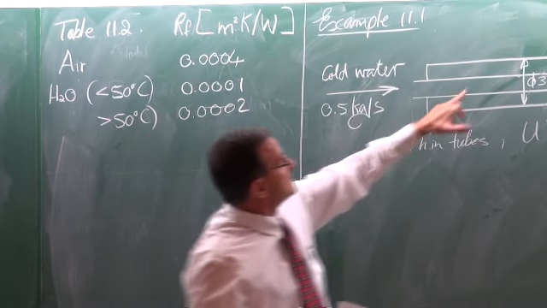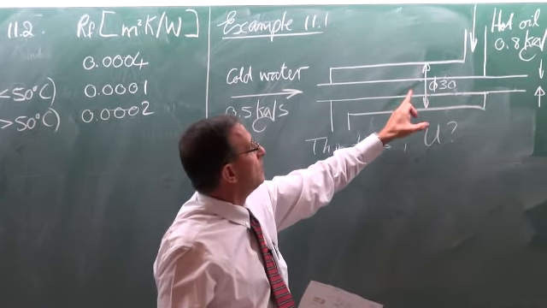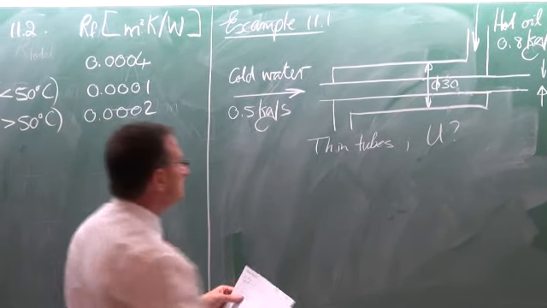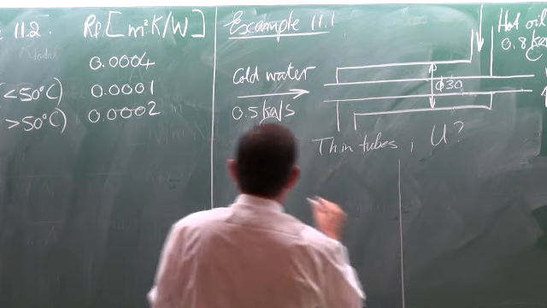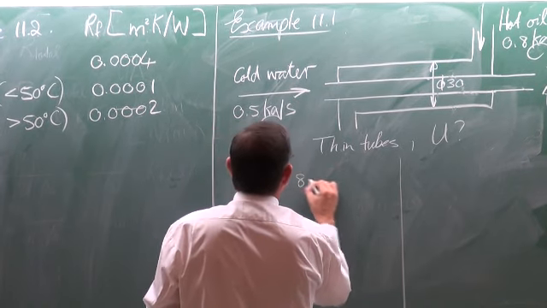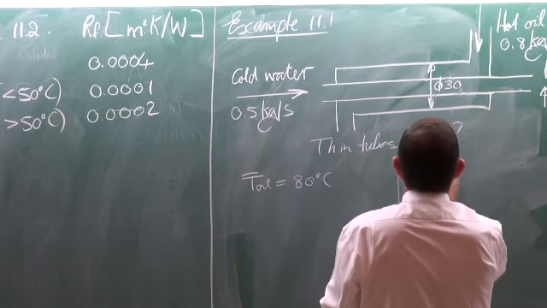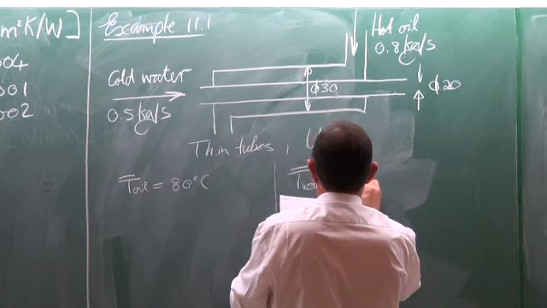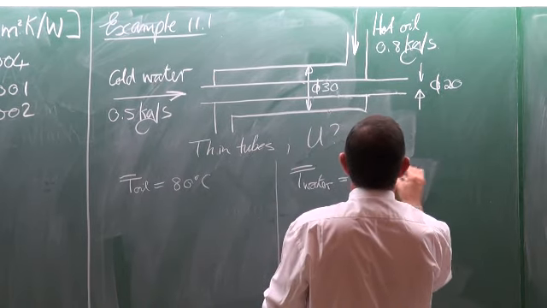But what is given is the average temperature of the oil and the average temperature of the water. The average temperature for the oil is 80 degrees Celsius, and the average temperature for the water is 45 degrees Celsius.